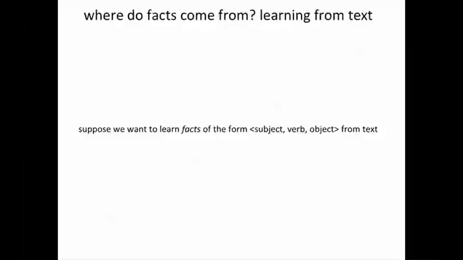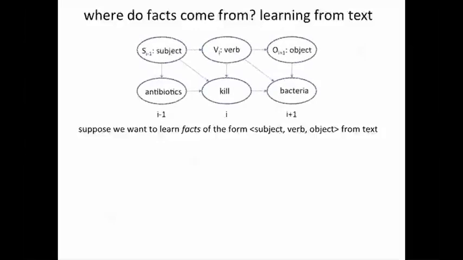How do we get those individual facts and rules so critical to the semantic web vision? Suppose we want to learn facts of the form subject, verb, object from text. We might use a Bayesian network of the following form, where we have subject, verb, object, which processes triples in the text and might come up with a situation like antibiotics kill bacteria.